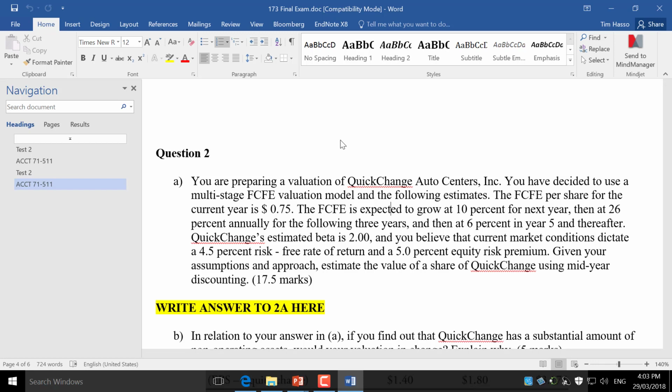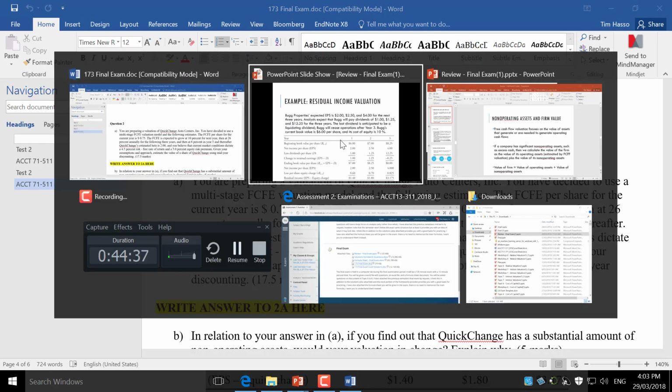But you need to know that that's the way to structure it using this information. That's the hard part, I would say. But if you've practiced it, it's not difficult, because then you think: different growth rates, I need to calculate each individual cash flow for the first X years, and then I know that from year 5 it's growing at a certain rate.